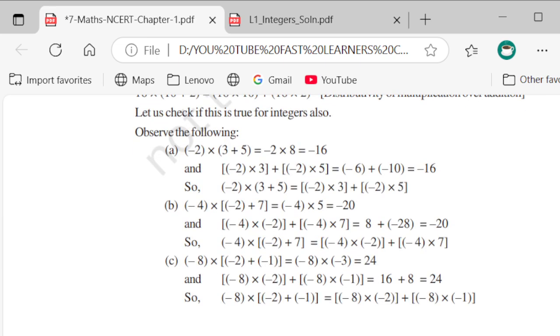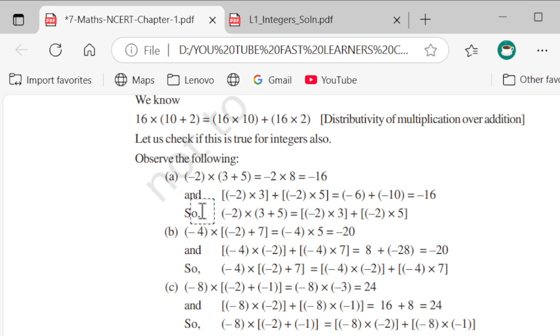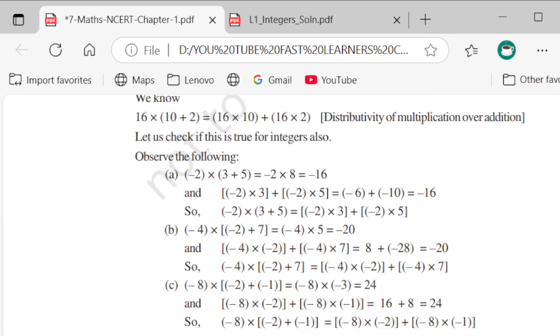Next is distributive property. Distributive property is like this: minus 2 into bracket, 3 plus 5. This means minus 2 multiplied by 3 plus minus 2 multiplied by 5. So again, minus 4 multiplied by bracket minus 2 plus 7. This means minus 4 multiplied by minus 2 plus minus 4 multiplied by 7. So this is the property of distribution.